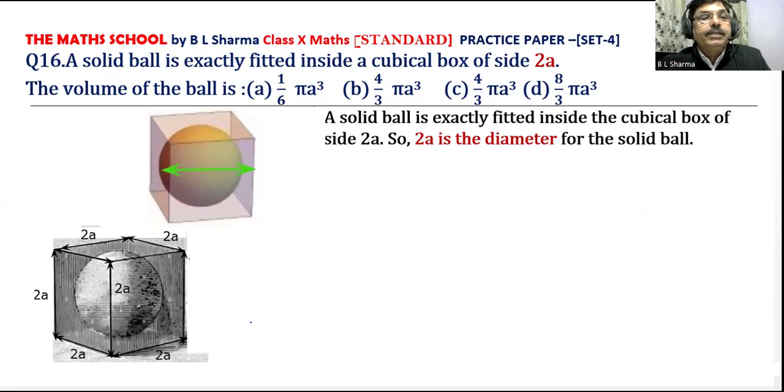So the diameter is 2A, the side is 2A. That is why the radius will be half of it.